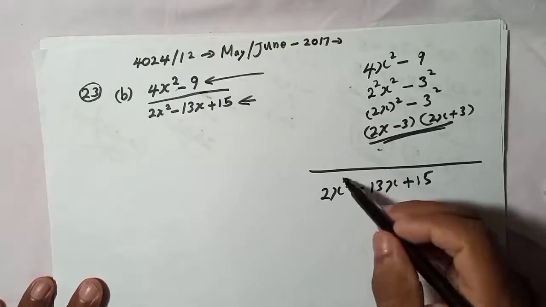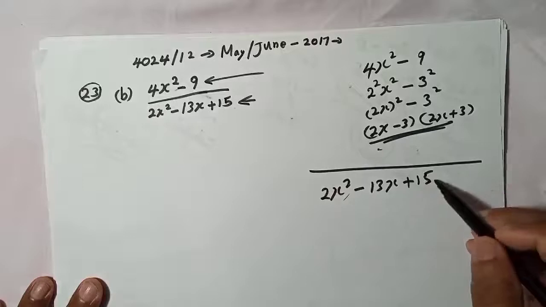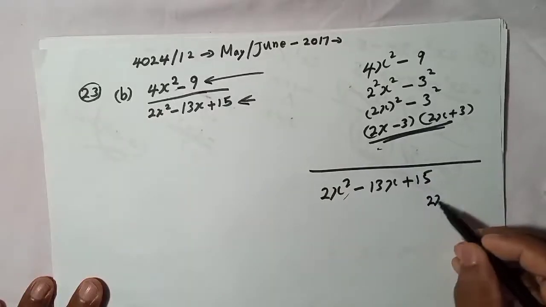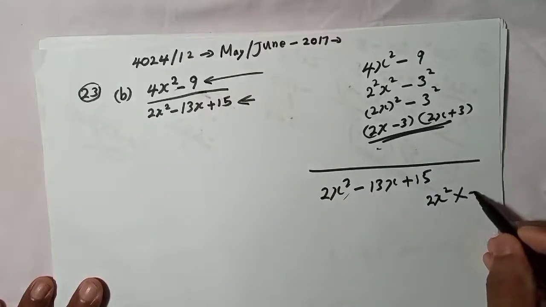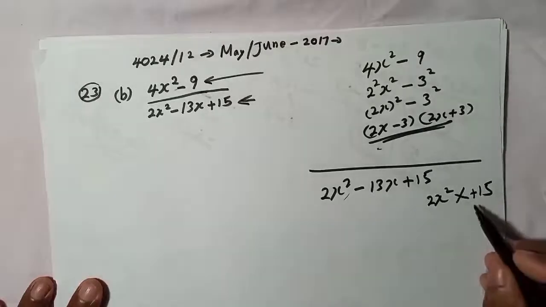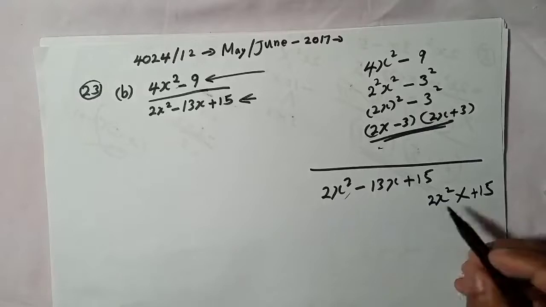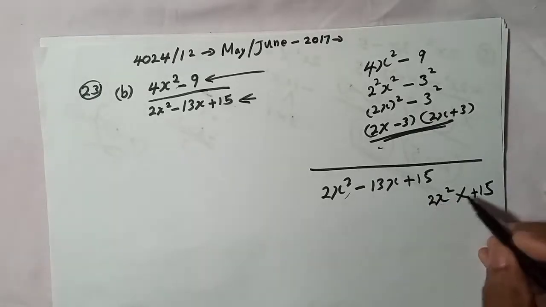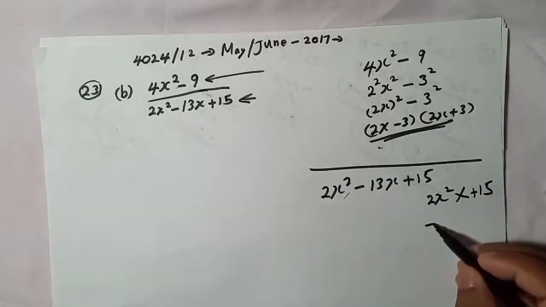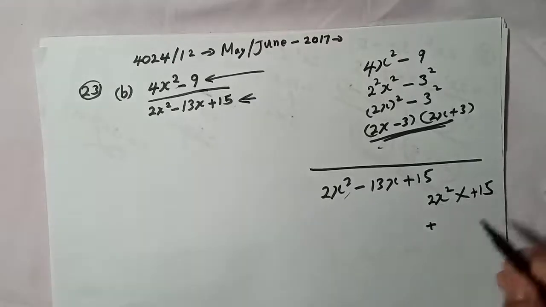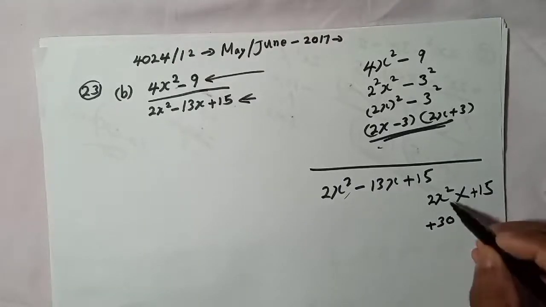Let's see. Now you should multiply this with plus 15, so it will be 2x square into plus 15, right? So what is the answer? Plus into plus, when you multiply, same sign is plus, so plus 2 into 15, 30, x square.